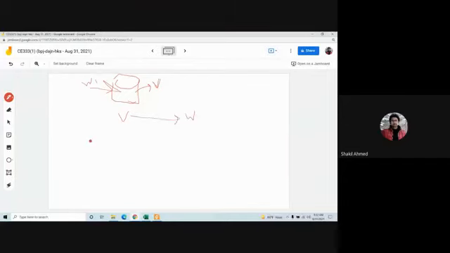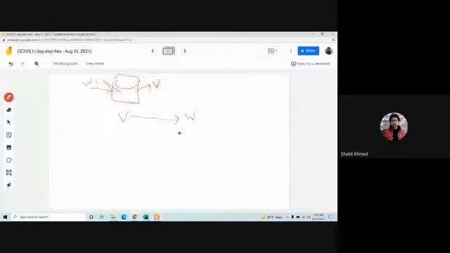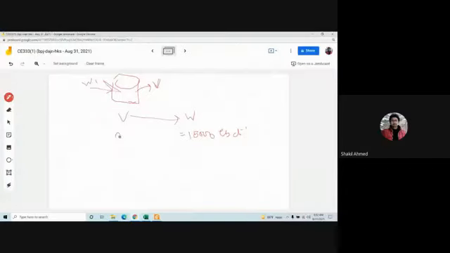W. What is the load, guys? 15,000 pound per day. What is the volume? We just calculated this. 34.8 acre feet. So in this total volume, you are applying 15,000 pound per day.